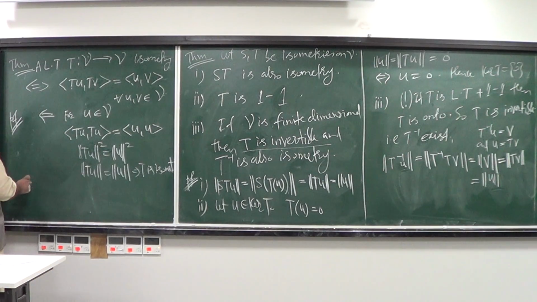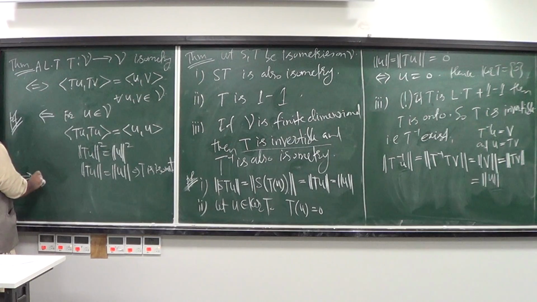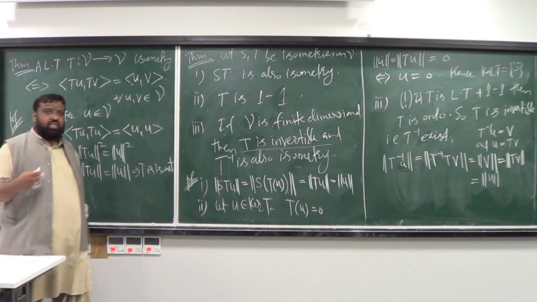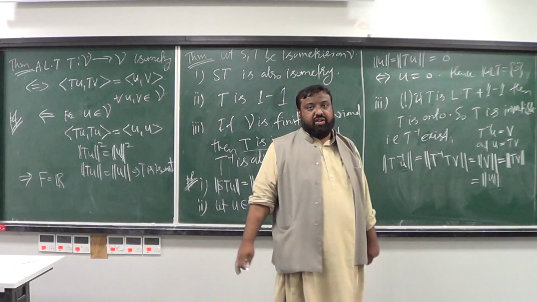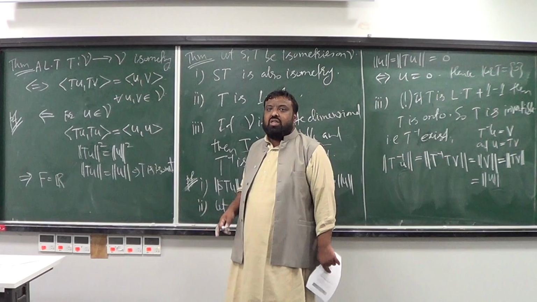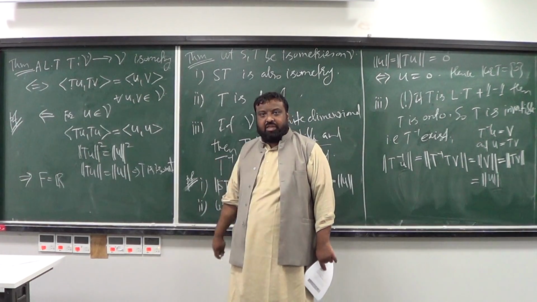Now I'm going to show the forward statement, that if T is an isometry, this must be true. I'm going to prove this for the real numbers, using the so-called polarization identity that we proved when we did the theory of inner product spaces. You have to do it yourself using the polarization identity for the field of complex numbers.